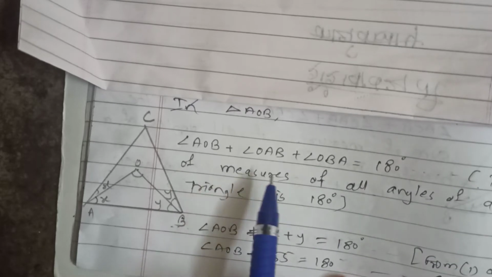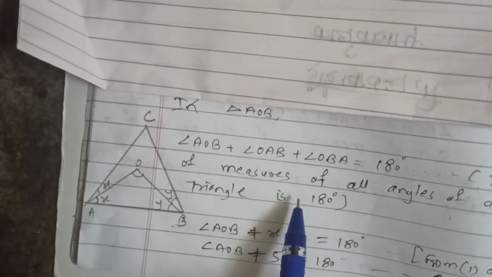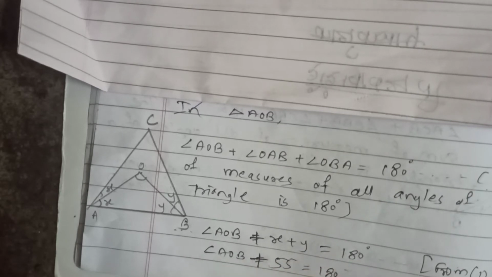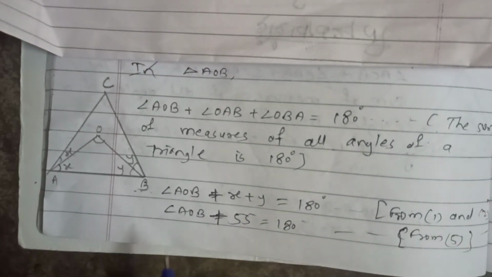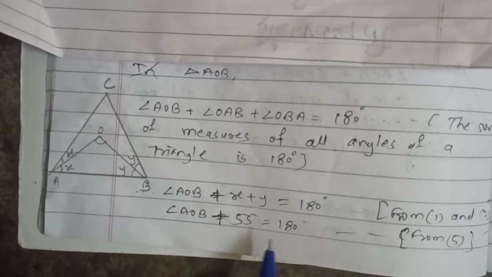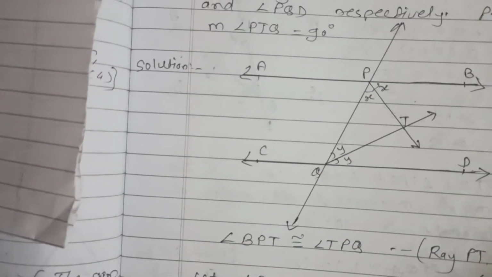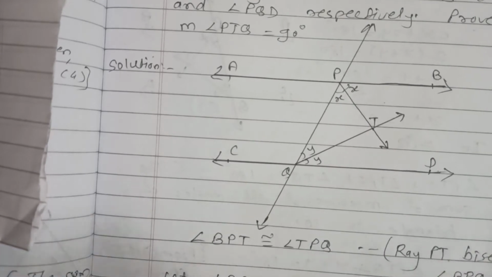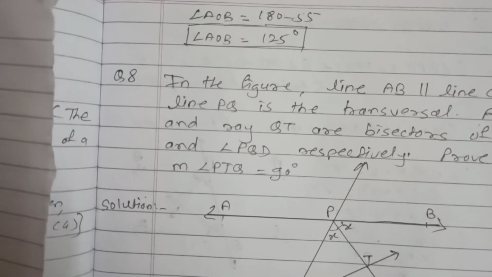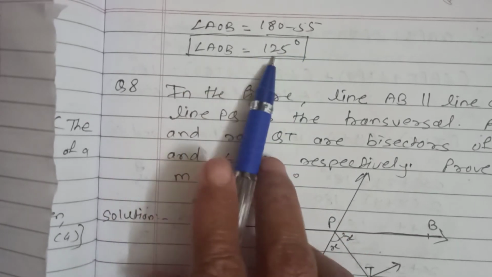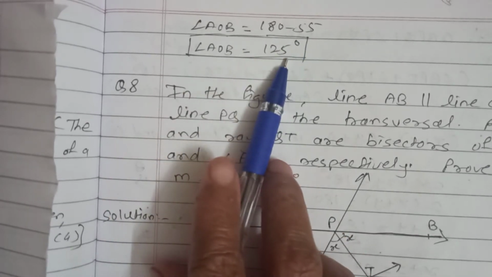The sum of measures of all angles of a triangle is 180 degrees. Angle AOB plus x plus y is equal to 180 degrees. Therefore, angle AOB plus 55 is equal to 180 degrees. Now, angle AOB is equal to 180 minus 55, that is, angle AOB is equal to 125.